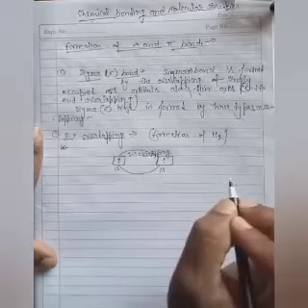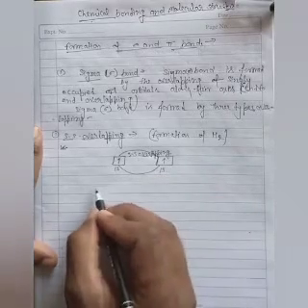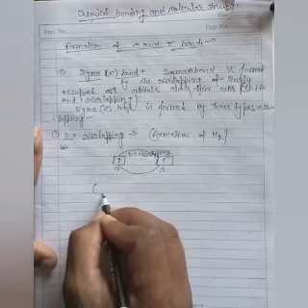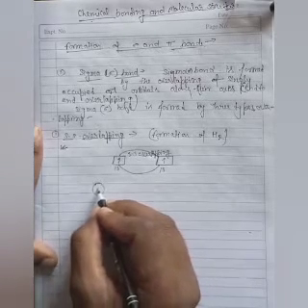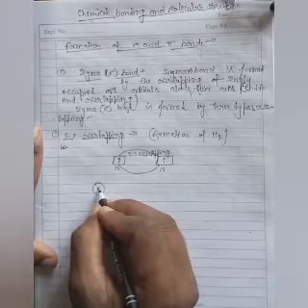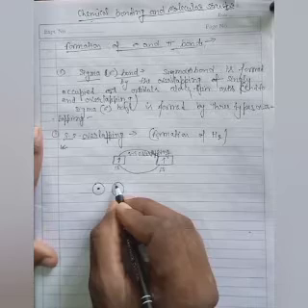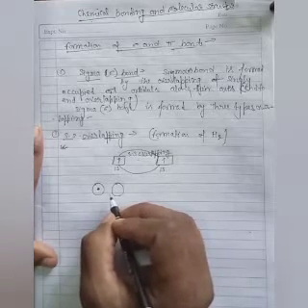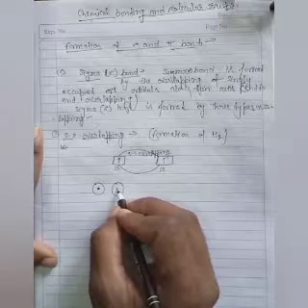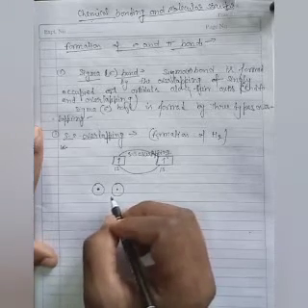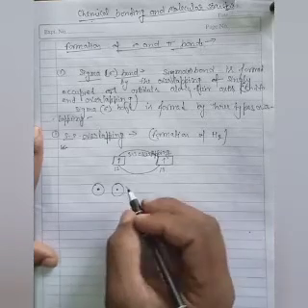The s orbital is a spherical orbital, and here one electron is present, while the other hydrogen atom also has only one 1s orbital occupied by one electron.